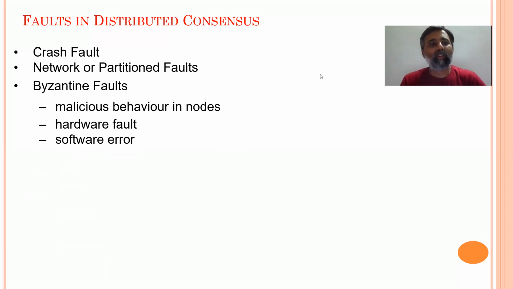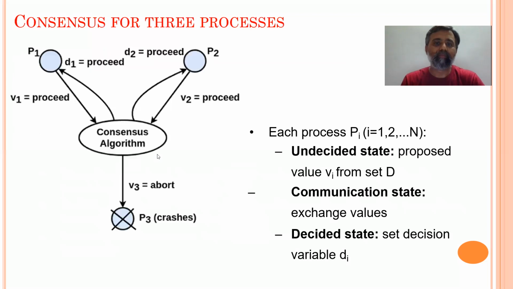That is the situation of a network partition fault. In that situation, consensus becomes difficult. And the third one is the Byzantine fault, where some nodes may behave maliciously, due to some hardware faults or software errors. It is considered a Byzantine fault.